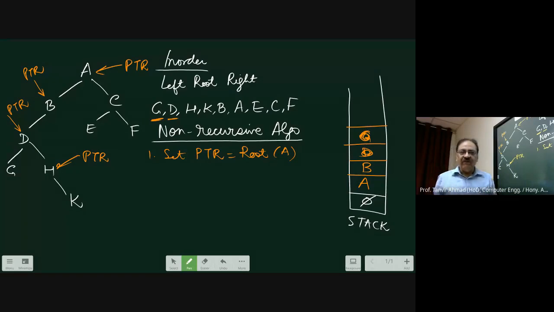If H does not have a right child, you have to process that. You might push H over here and then check whether it has a left child or not. If it doesn't have a left child, you just remove it from here and put it over. Then similarly, you go to the right, PTR will now come here.